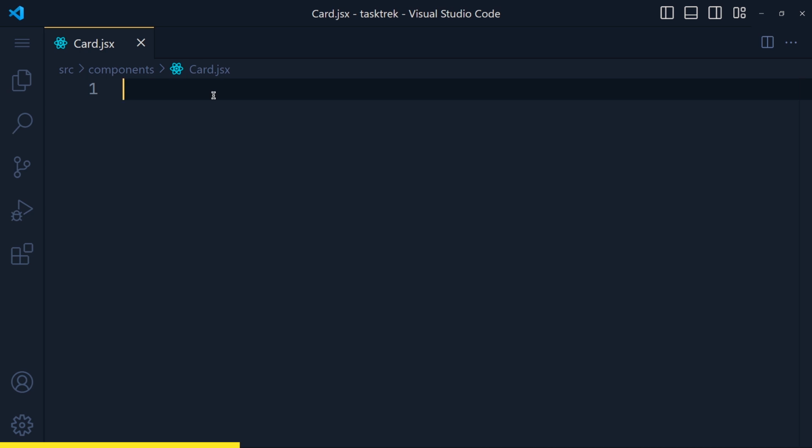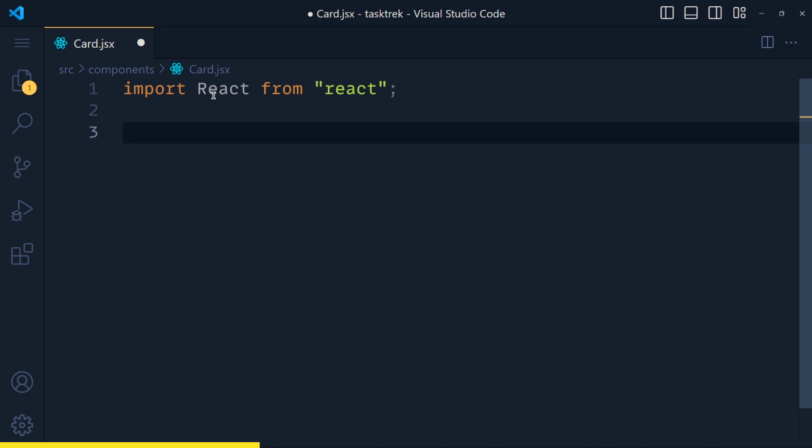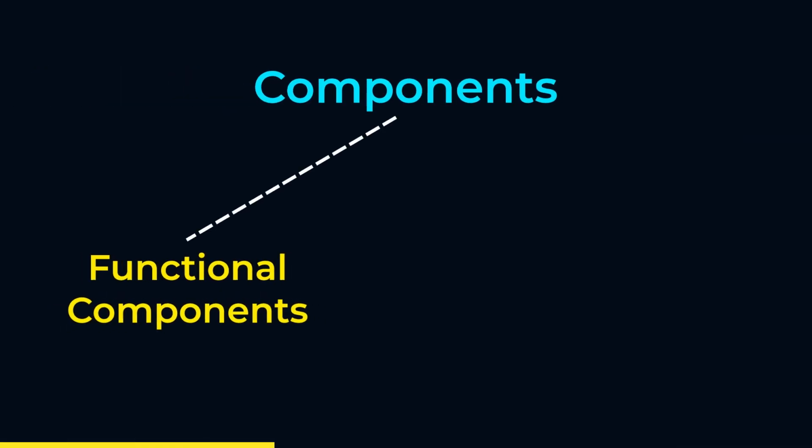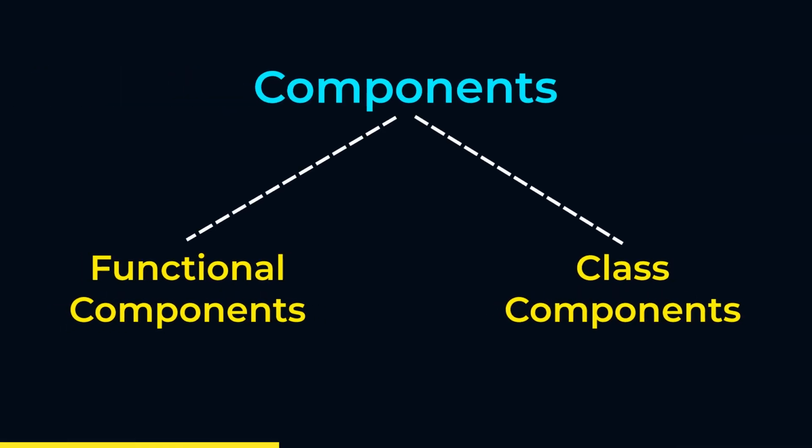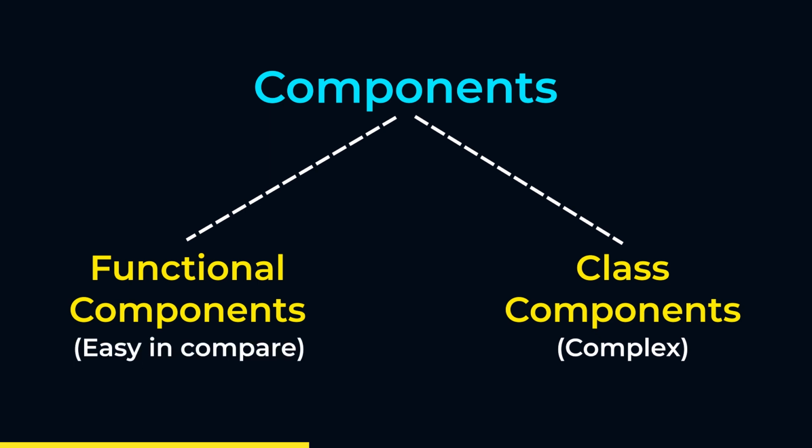Now in this component, at the top, we have to import React from the React package. After that, we have to define here a function or class which will return JSX. So these are two types of React components, functional components and class components. Class components are a little old for the current time because for implementing class components, we have to learn some of the advanced concepts of JavaScript. And also, a class component is a little more complex than a functional component.